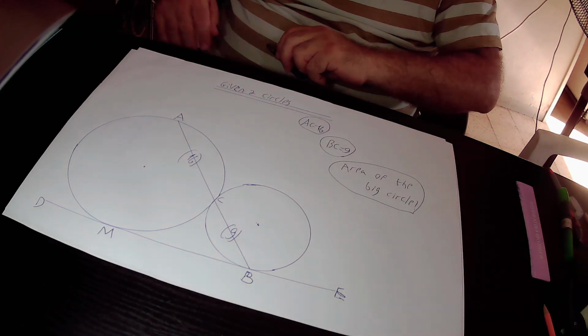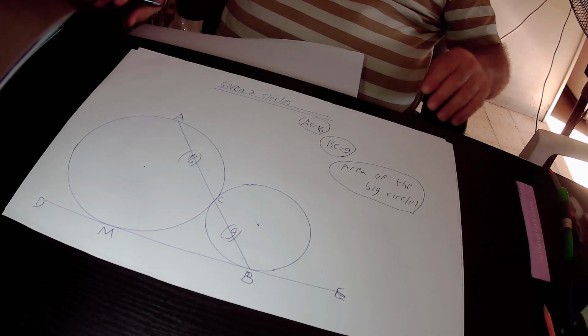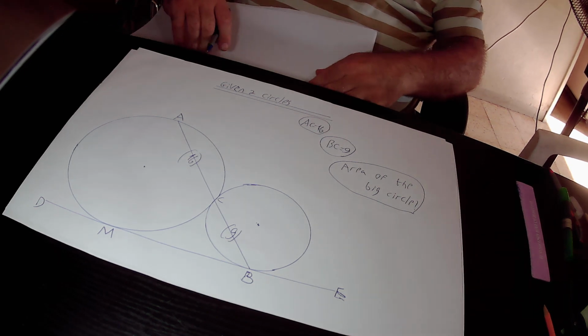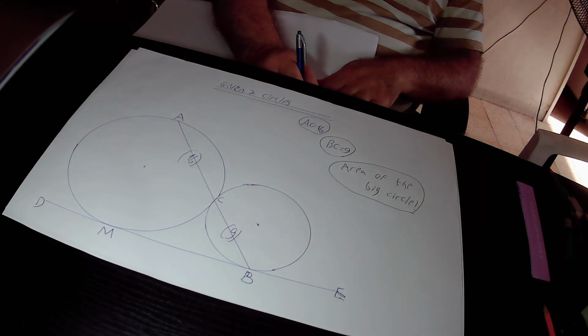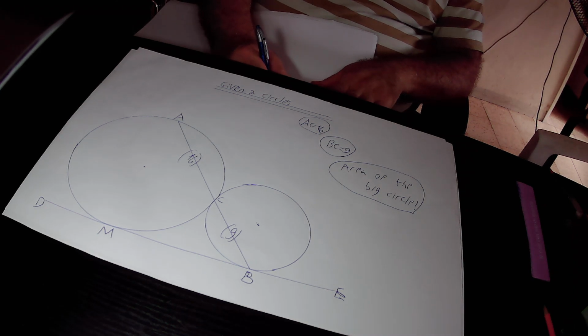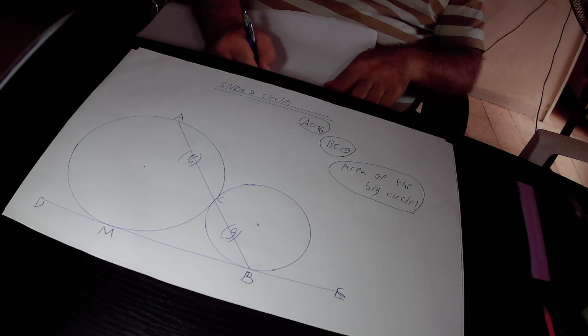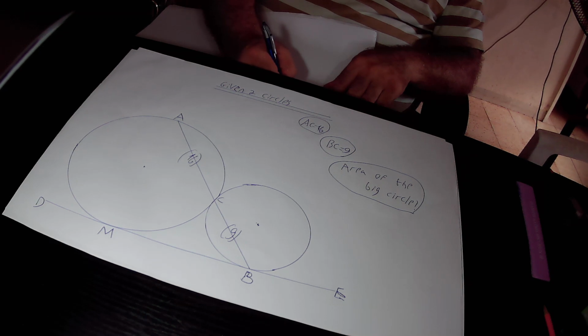So I write it down. BM squared equals BC times BA.